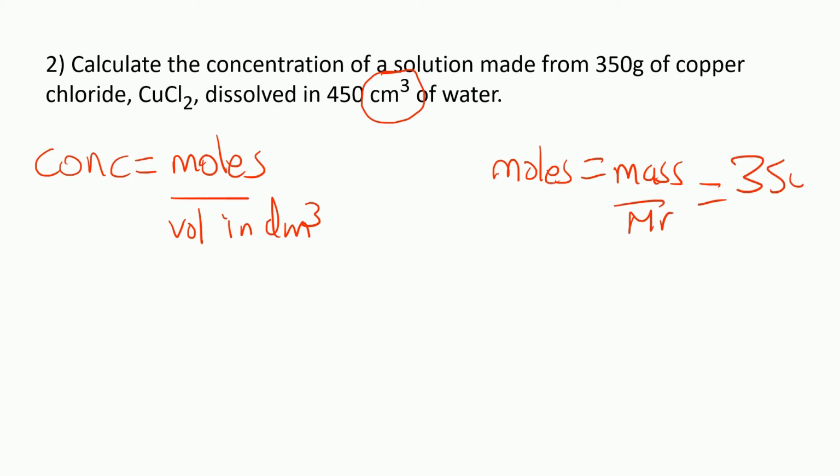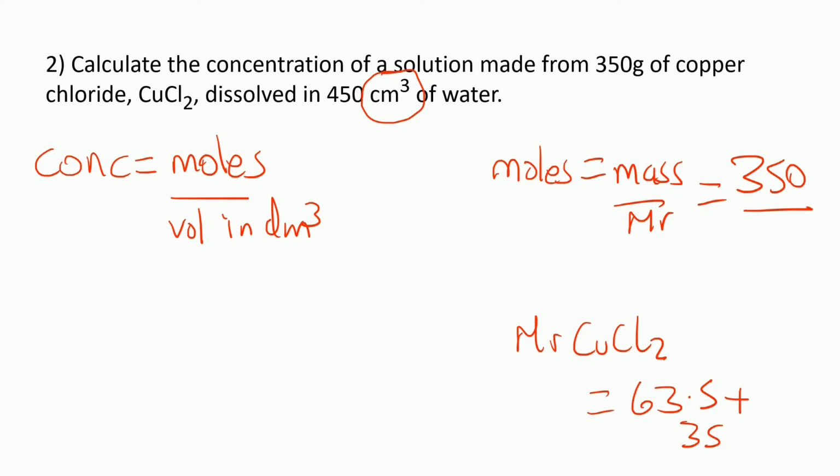So the Mr of copper chloride is going to be 63.5 for the copper plus 2 lots of 35.5 for the 2 chlorine atoms, and that comes to 134.5, which we put in up here. Okay, so still working out the moles. 350 divided by 134.5 is 2.6 moles.